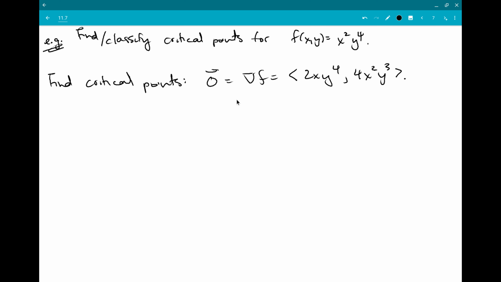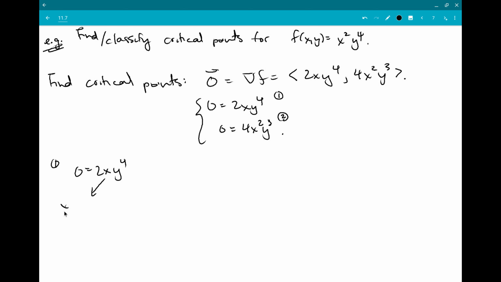And then that gives me two equations: 0 equals 2x y to the fourth and 0 equals 4x squared y cubed. These both look equally bad to me, so I guess I'll start with the top one first. So 0 equals 2x y to the fourth. That tells me either x equals 0 or y equals 0.